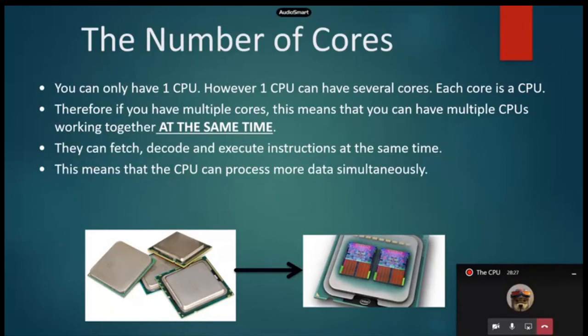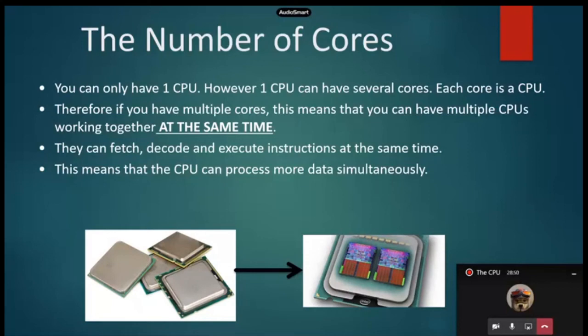Now, if you have got multiple cores in your computer, that means you can process information quicker at the same time. So, for instance, if you've got a dual core processor, that basically means you've got 2 processors, 2 CPUs, which means you can do double the amount of information.